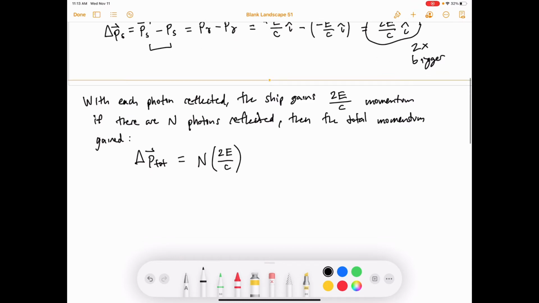Okay. And then, yeah, we have the i hat unit vector coming along for that.